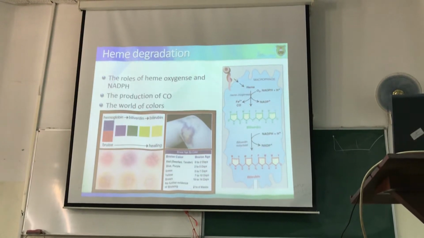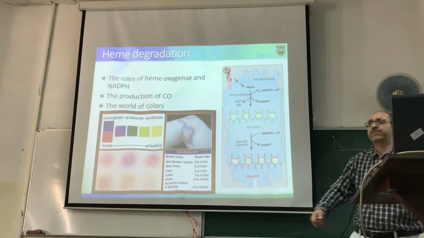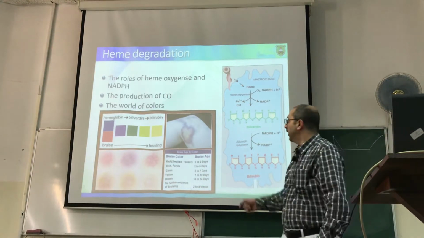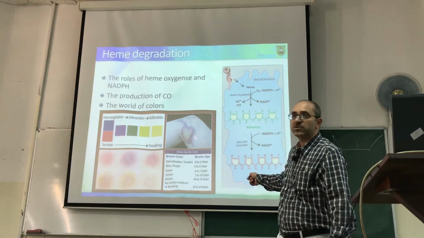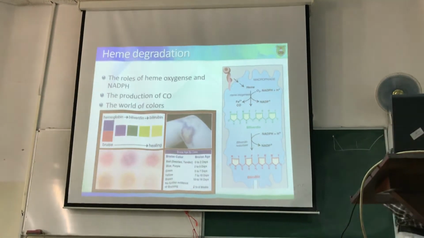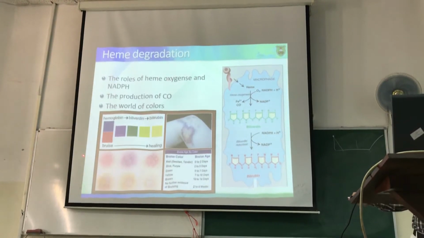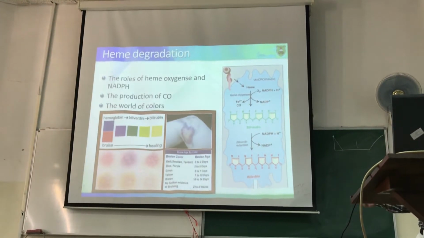And it is a world of colors, because each one of them has its own color. And that's why if someone has a bruise, you will have all of these colors, rainbow colors, sort of. Basically, it goes something like this, from red to blue to green to yellow, and it goes away.